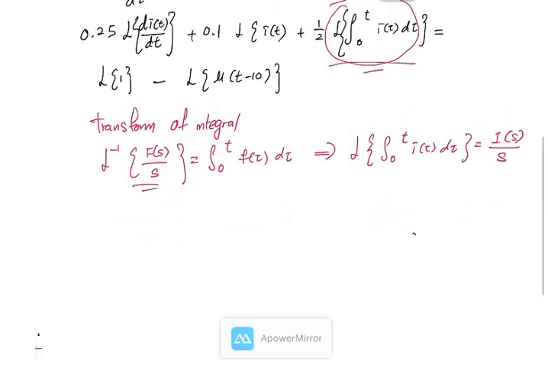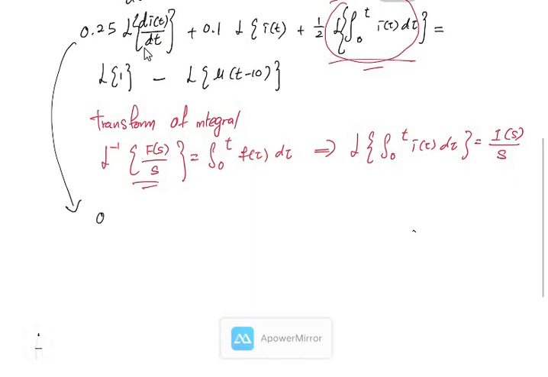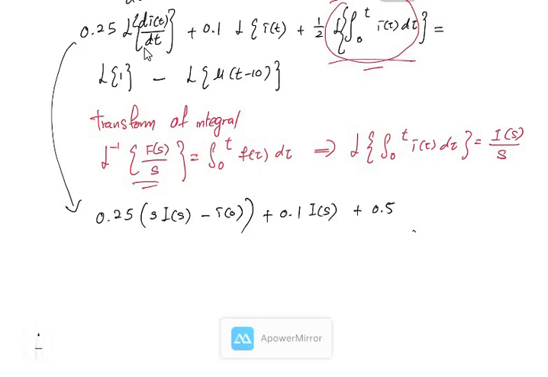So therefore we can simplify. For the Laplace transform of the derivative, we obtain 0.25 times (s I(s) minus i(0)), then plus 0.1 I(s), plus 0.5 I(s) over s, which is equivalent to the Laplace transform of 1.